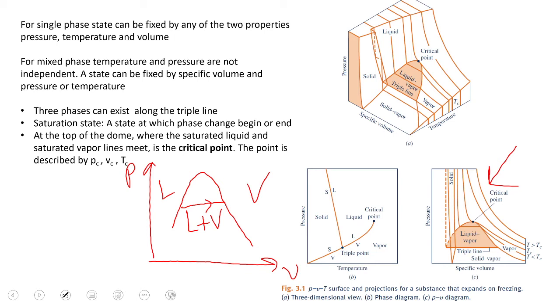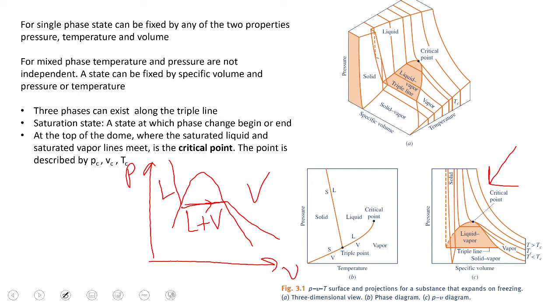At boiling point, the phase will start changing from liquid to vapor. And when all the material is in vapor state, it goes through liquid plus vapor, and then eventually it's all vapor.